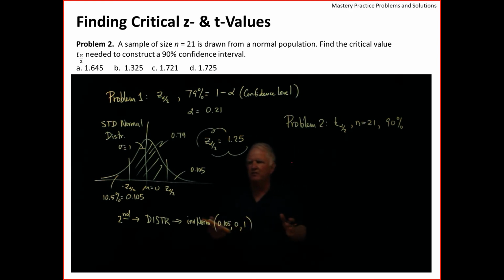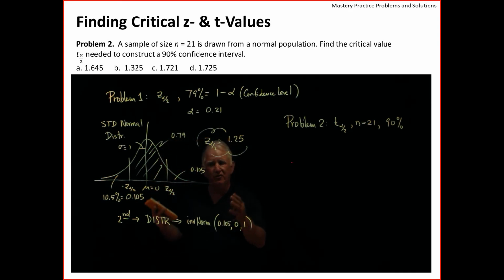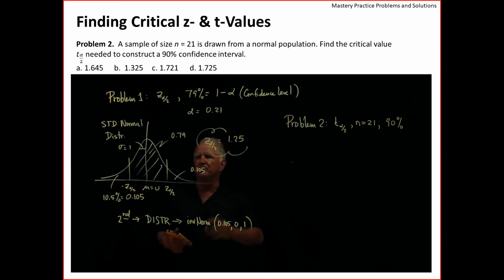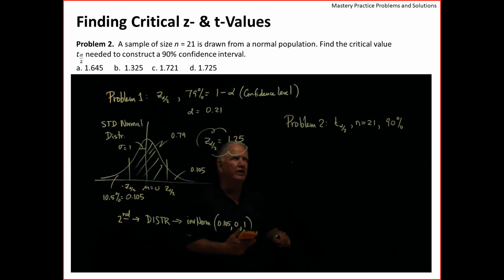All right, very much the same thing. Instead of dealing with the normal distribution, we're dealing with the student t distribution, which for large n is virtually identical to the normal distribution. As n decreases, the student t distribution, remember, is a little flatter and wider. There's a little bit more area out in the wings.